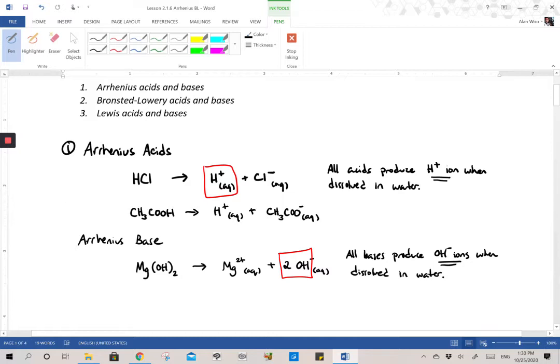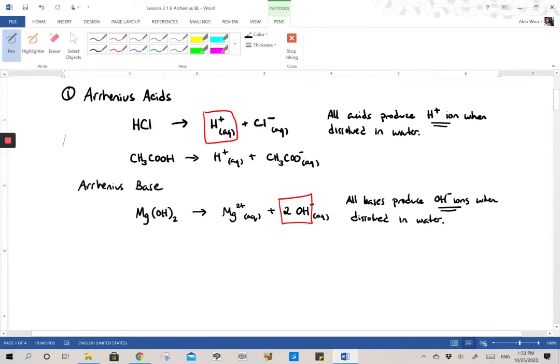As I mentioned before, your Arrhenius base, magnesium hydroxide, sodium hydroxide, aluminum hydroxide, anything that has a hydroxide is considered to be a very strong base. So strong bases work well. However, weak bases do not.